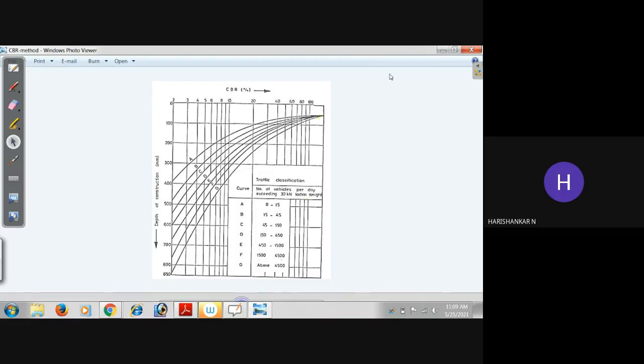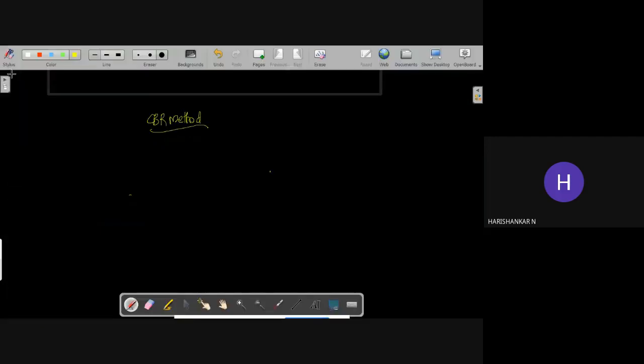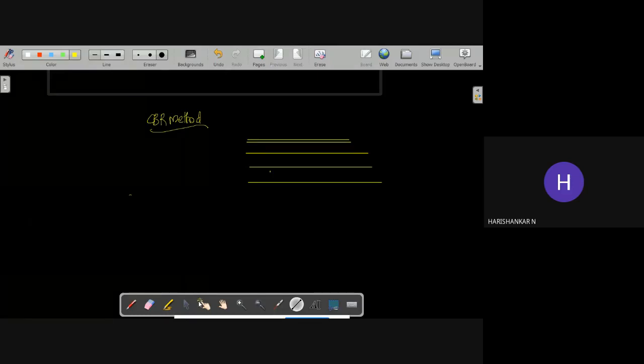I will show you on the board. Here you can see the various component layers: the wearing course or the surface course, after that the binder course, after that the base, after that the sub base, after that the subgrade.